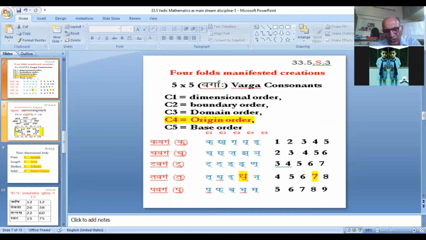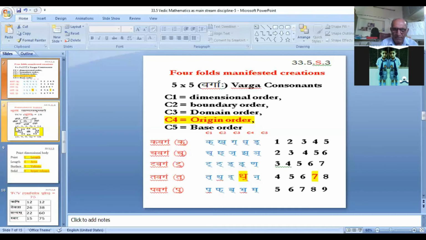Therefore, the dha being of a placement of the fourth phase and stage in the fourth column, therefore, this letter dha of TC value 7 is in the role of the origin, and 7 space as origin is the origin of a 6 space.